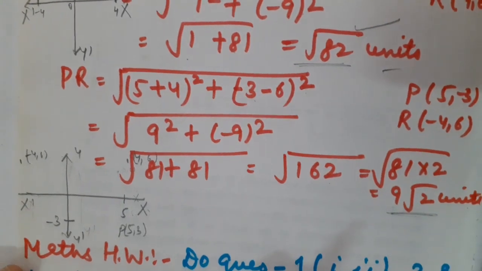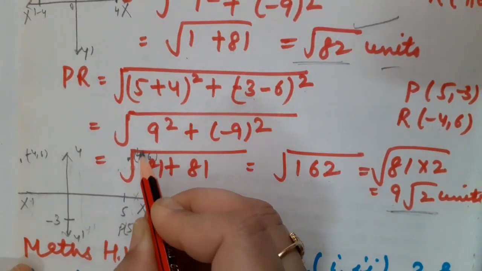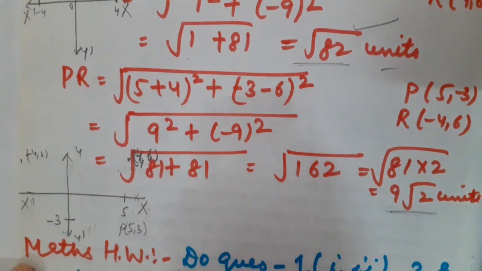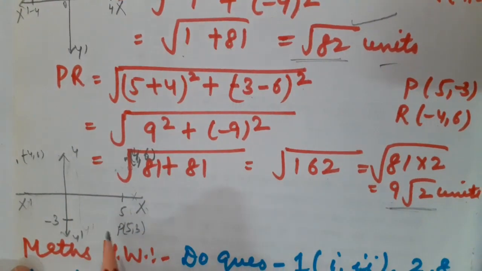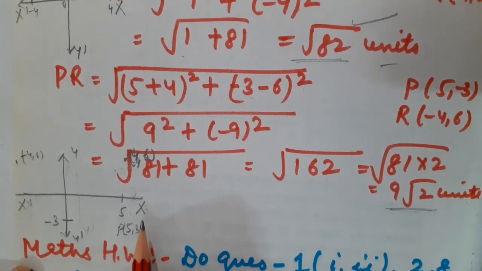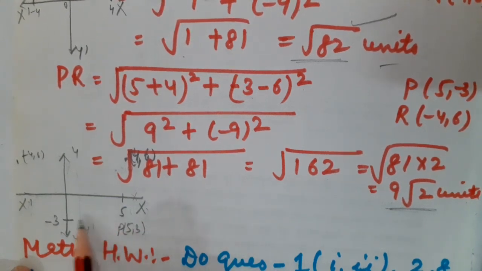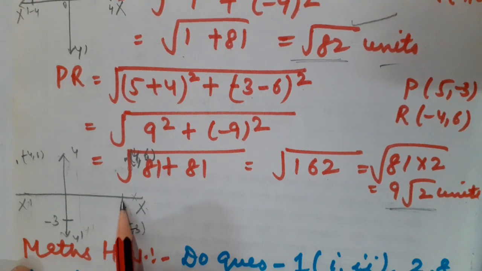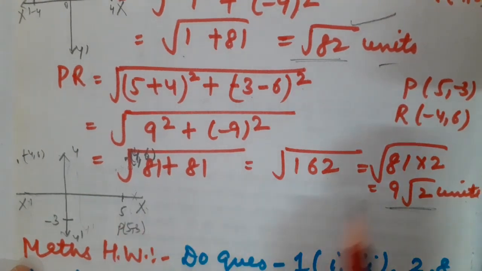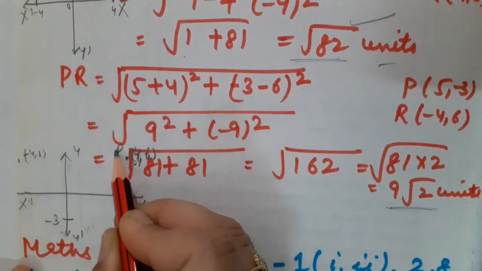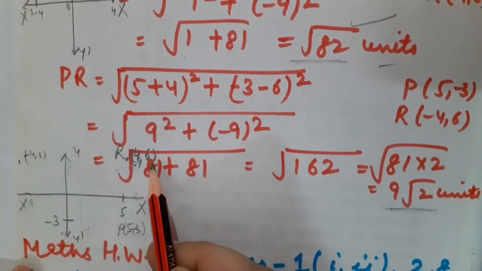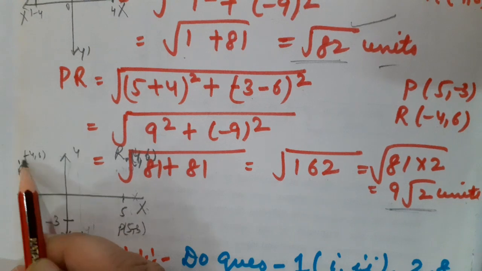Why were we getting the different distances? Here children, have a look please. On the Cartesian plane I have plotted P 5, minus 3. This is 5, minus 3 over here, because I have to take minus 3 here, right? And in one case R is 4, 6. This is R 4, 6. And in another one this is R minus 4, 6.